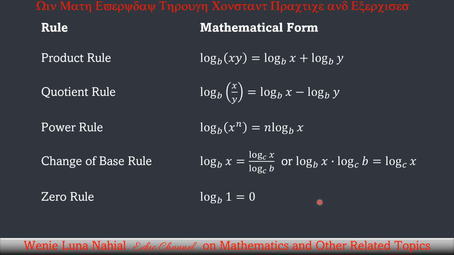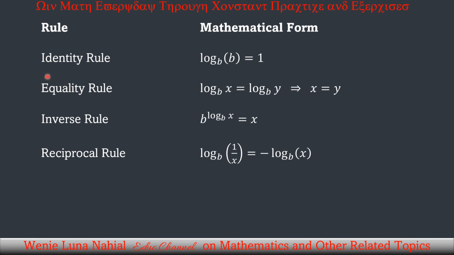Then the zero rule, it says here, the logarithm of 1 to the base b is equal to 0. Okay, for the identity rule, we have the logarithm of b to the base b is equal to 1. So if the argument and the base are the same, that is just equal to 1.